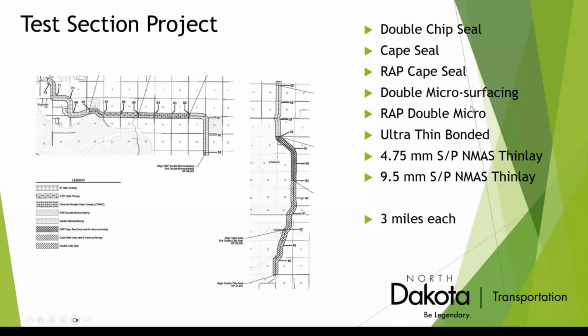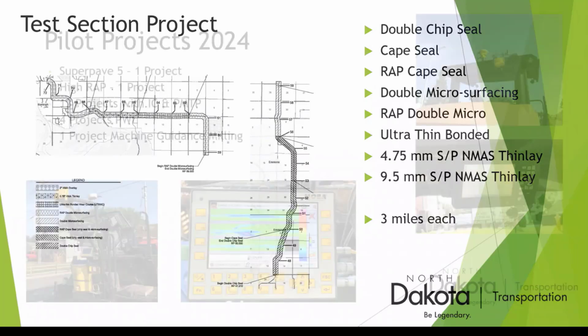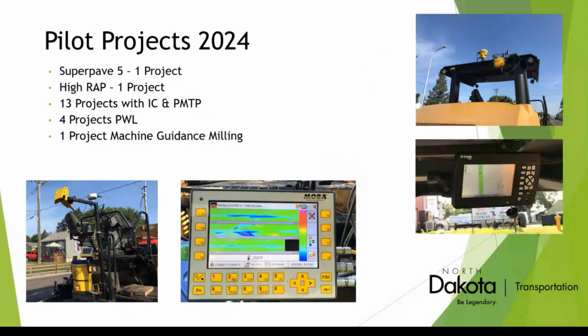The bottom two I wanted to mention, we'll talk about a little bit later here, were some thin lay mixes, actually using Superpave, but 1/4 inch and 3/8 inch Superpave as opposed to the 1/2 inch Superpave mix we typically use in North Dakota. So the performance of those could be telling and help with future decisions on how to approach different projects in different areas with different distress levels.